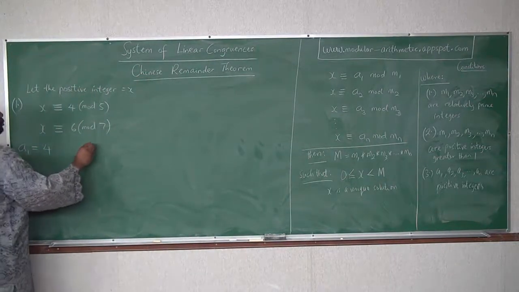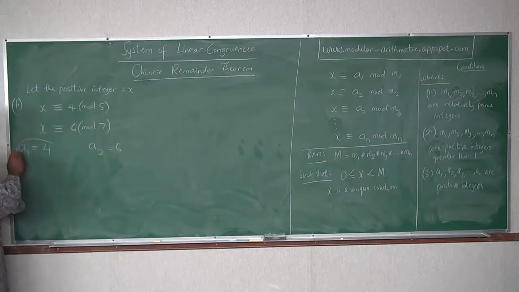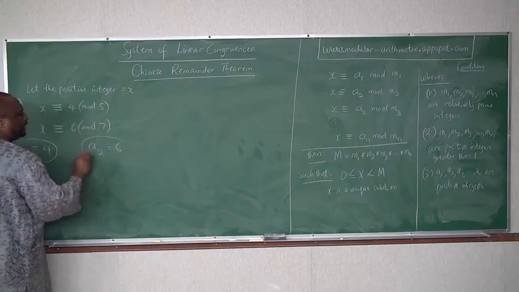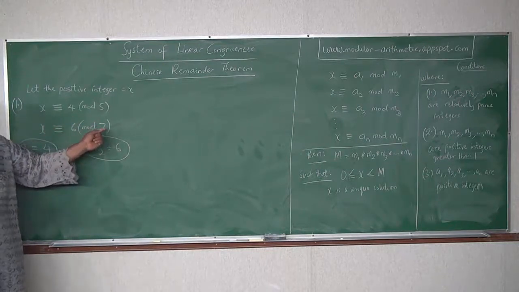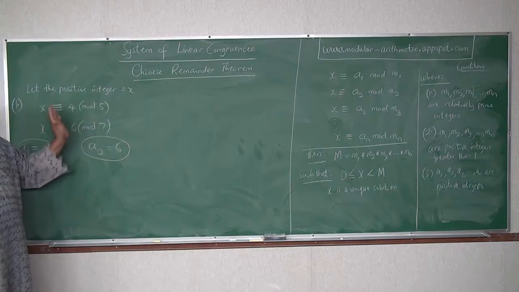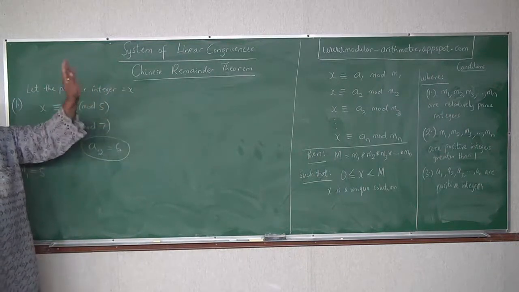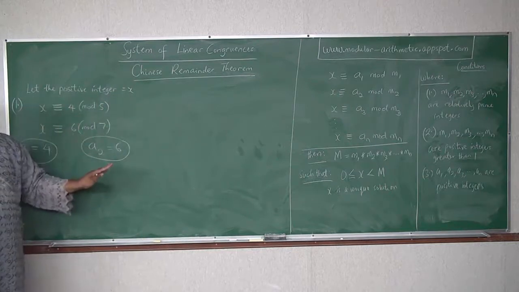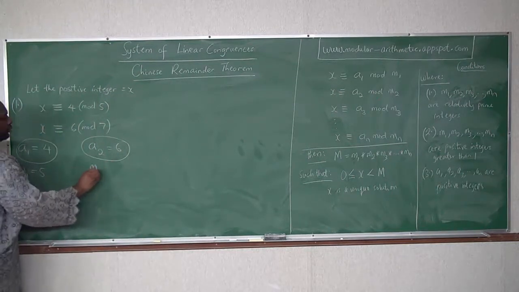Our A2 is 6. We shall use this, so I'm just going to circle it right now. M1 is 5. As you can see, 5 and 7 are relatively prime. So this satisfies these conditions. That is why we want to use this theorem to do this. So M1 is 5, M2 is 7.